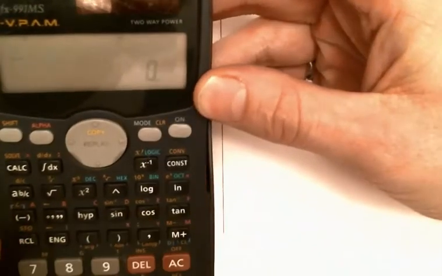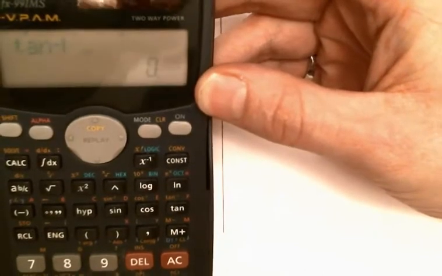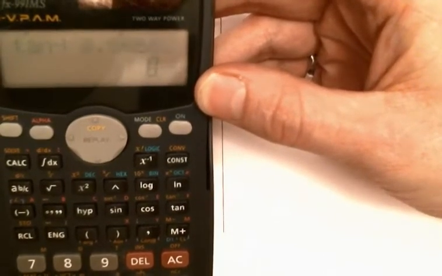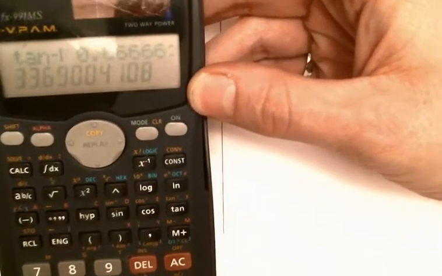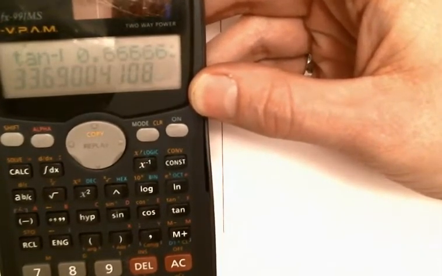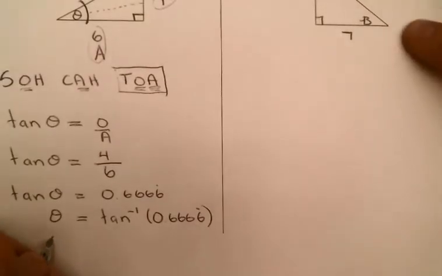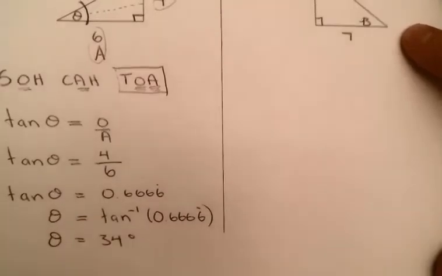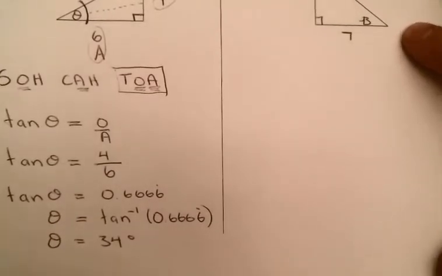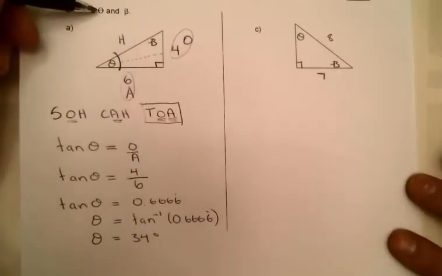So I'm going to go shift tan 0.6666. I'll just put a bunch of 6's. And I end up getting, what is that? 34 degrees? 34 degrees. So theta is equal to 34 degrees. That gives us one part for this question.